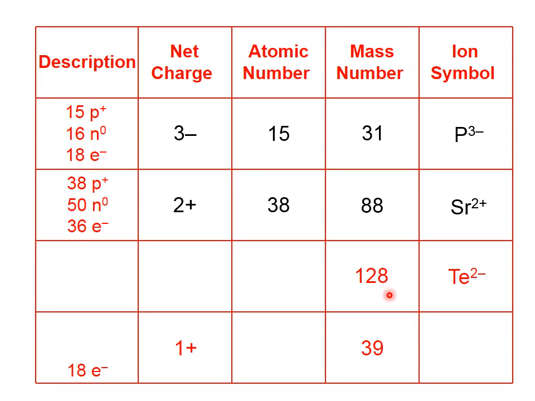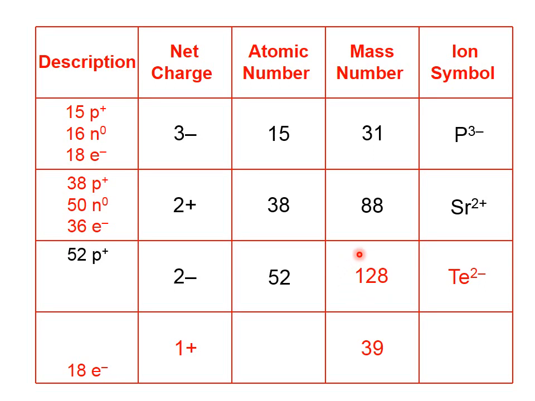Here we're given the mass number to be 128 and the ion symbol to be Te2 minus. Well, if it says Te, we should be able to find Te, which is tellurium, on the periodic table, and it's element number 52, which means it's got 52 protons. Notice here that the net charge is shown on the ion symbol, so I've put that right there.